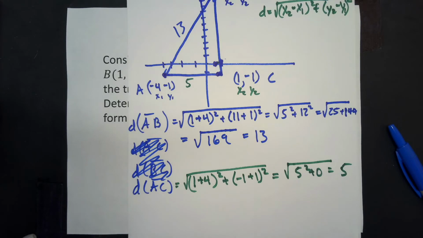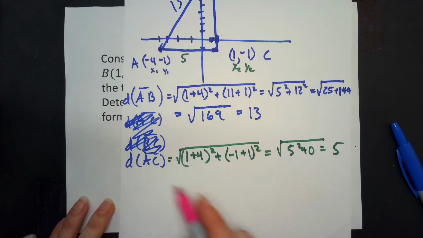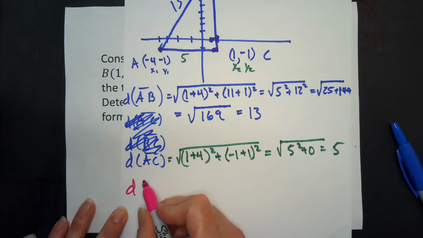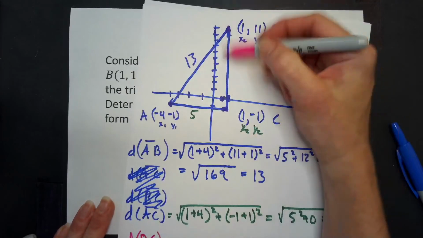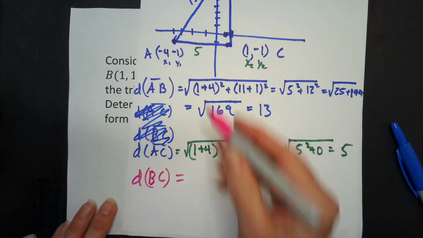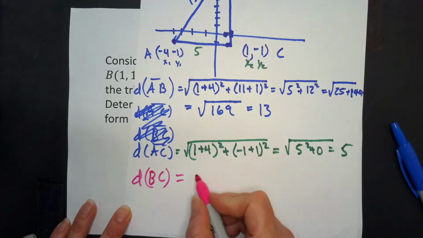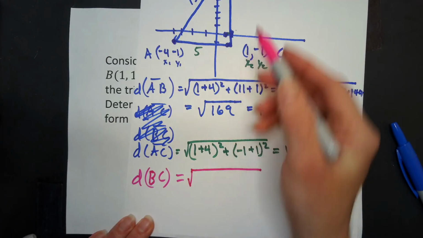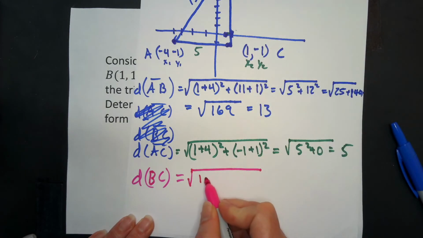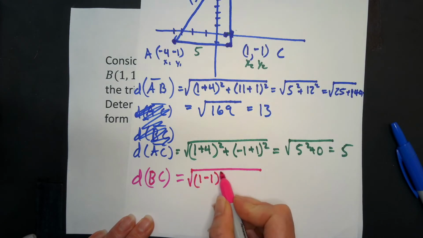And then do the last one here, the distance between B and C. And like I said, you can just notice that between B and C is a vertical distance. You're going to notice that your x coordinates are the same, so you're going to get 1 minus 1.